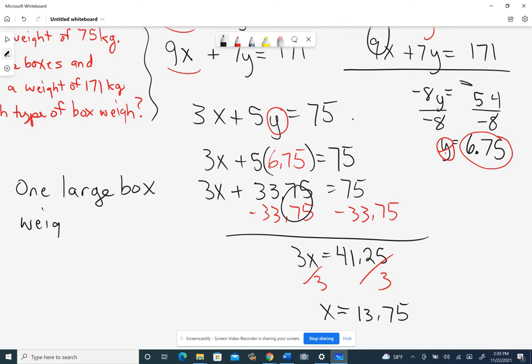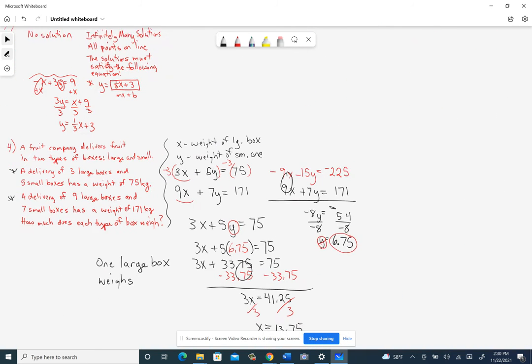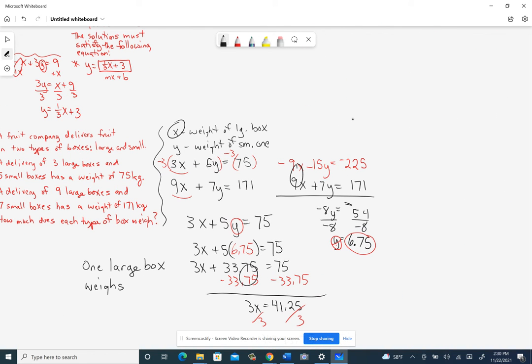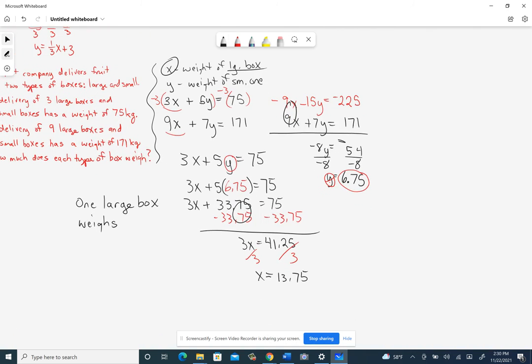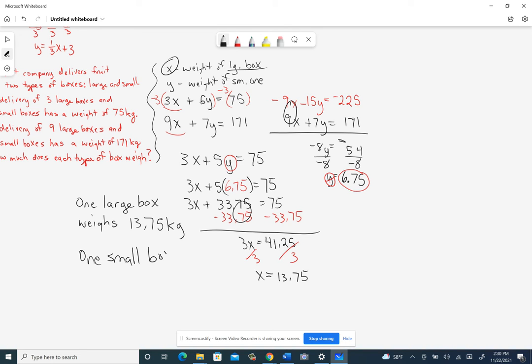All right, so one large box weighs, that was our x, right? So you go back and you kind of check. X was a large box. So one large box weighs 13.75 kilograms. One small box weighs 6.75 kilograms.